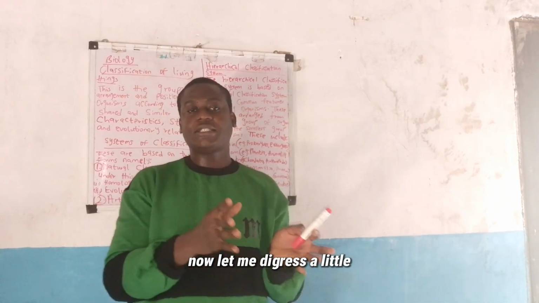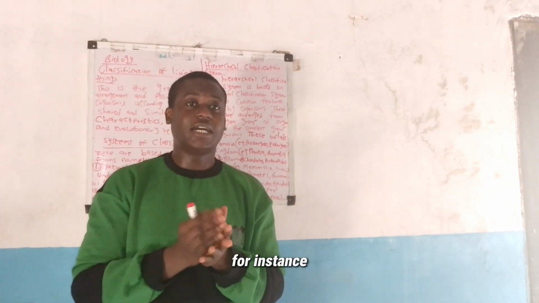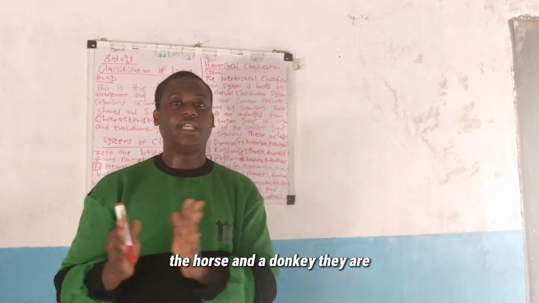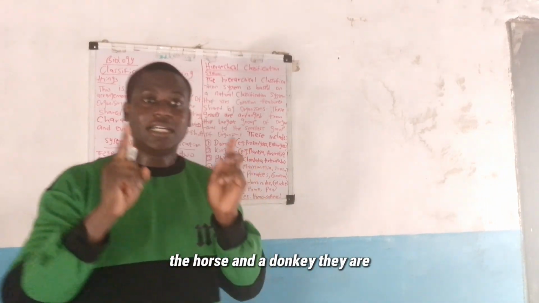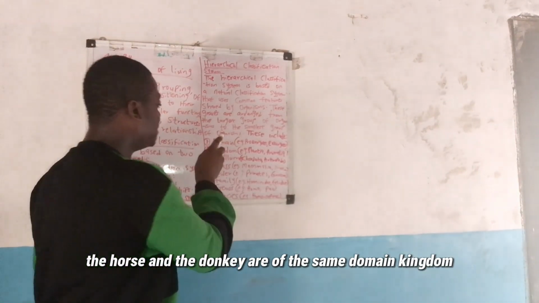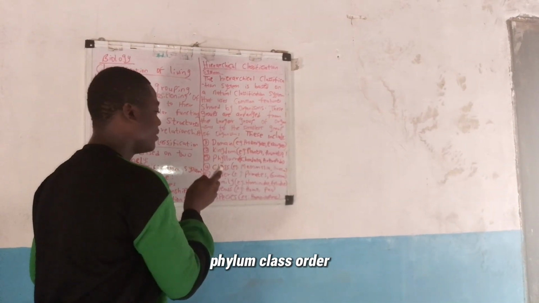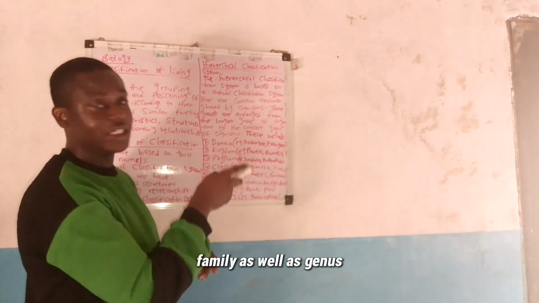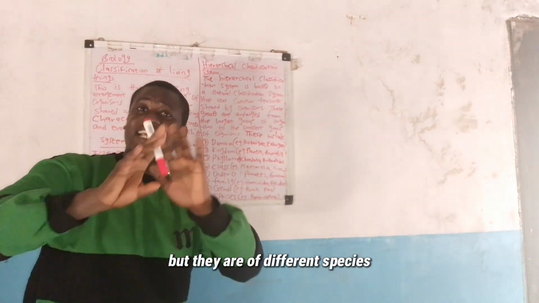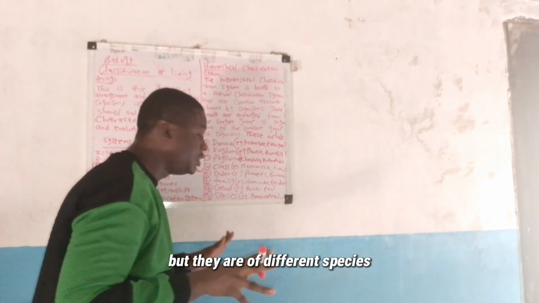Now let me digress a little. For instance, the horse and a donkey. The horse and the donkey are of the same domain, kingdom, phylum, class, order, family, as well as genus, but they are of different species.